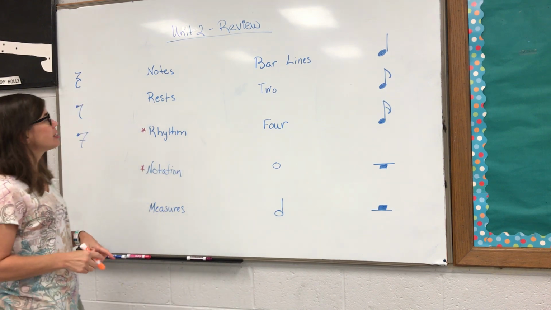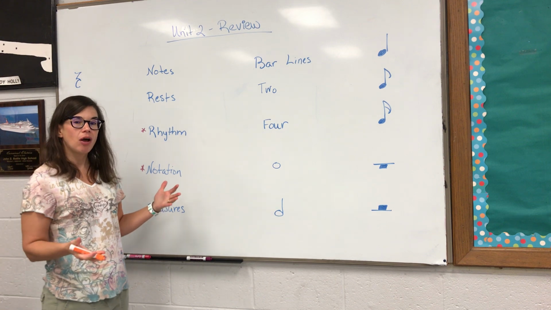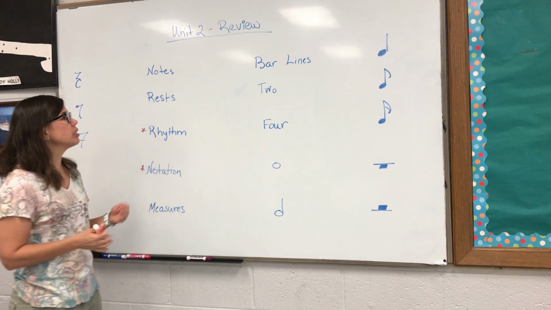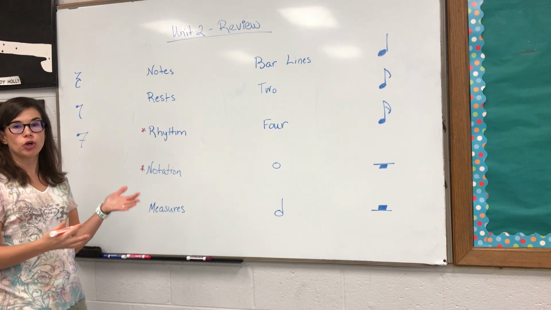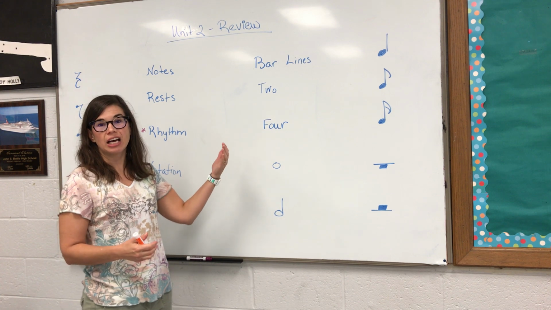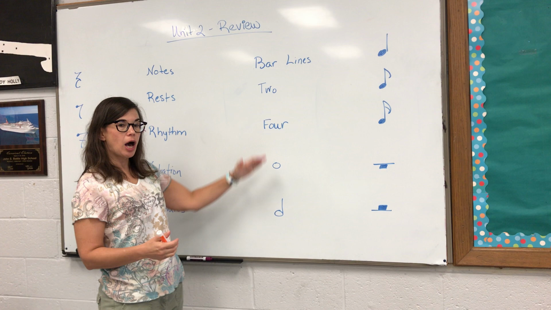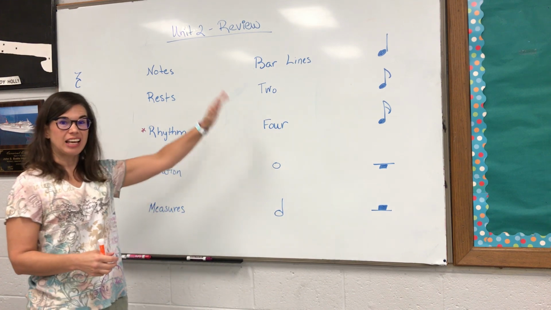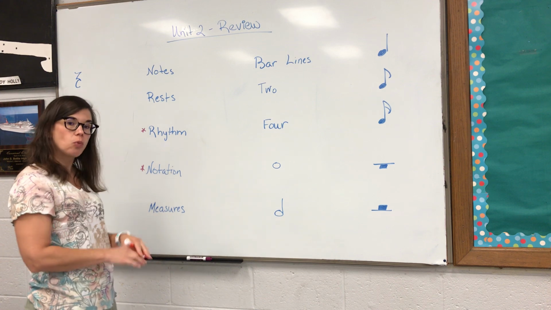With this assessment, it is a matching assessment online that you're going to do in Schoology. You're going to have a column of words, and on the right side, it's basically a click and drag thing. There are going to be blank boxes on the right side in the second column, and the word bank with the symbols and the words is at the bottom.